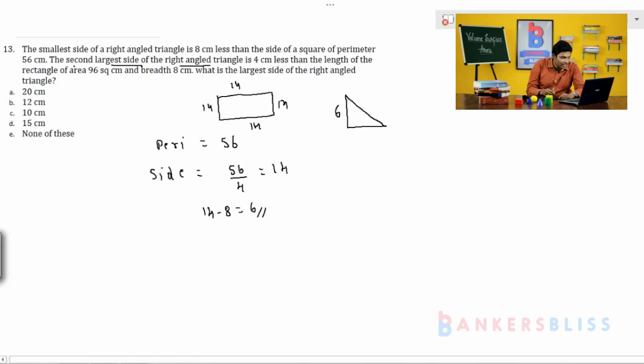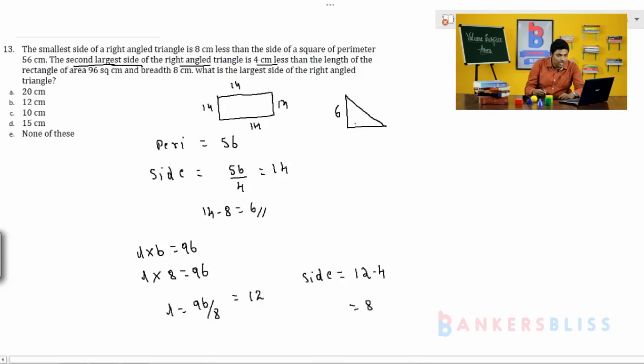So length into breadth is equal to 96. Length we don't know, breadth they have given, that is 8. So length is equal to 96 by 8, which is 12. So the second side is 4 centimeter less, so 12 minus 4, that is 8.